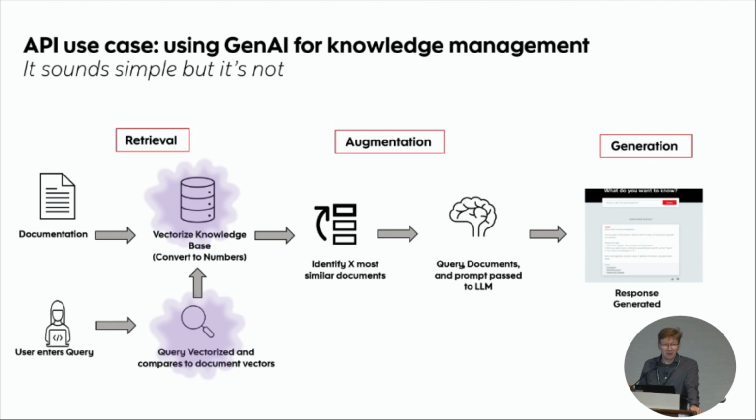What level do you vectorize at? Is it a whole document, a page, a paragraph, a section? Do you add context to every document you index, and so on? Lots of possibilities there. When identifying the most similar documents, again, there is not a single answer. You have to experiment.